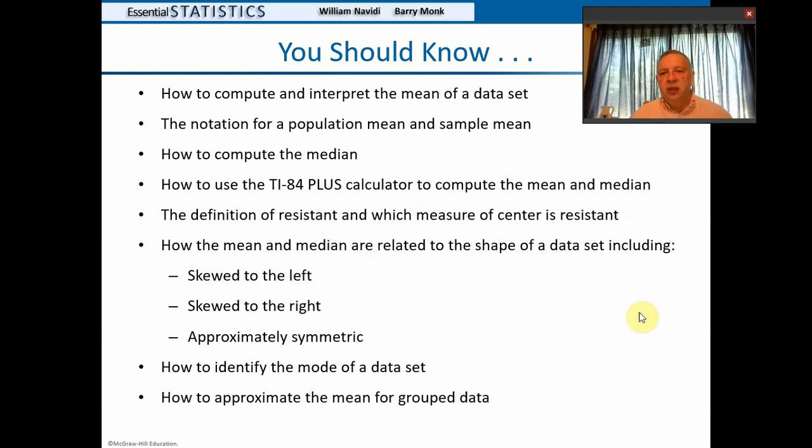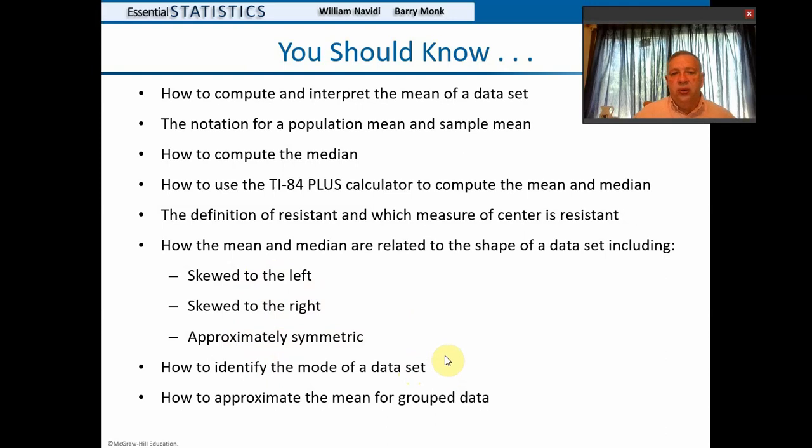And how the mean and median are related to the shape of the data set: skew to the left, the mean is left of the median. Skew to the right, your mean would be to the right of the median. And approximately symmetric, the two would align. The mean should be equal to or pretty close to the median. You would think they were symmetric. How do I identify the mode of a data set?